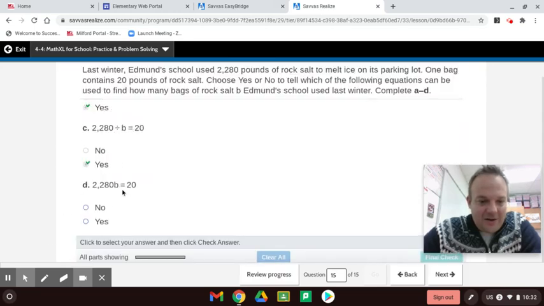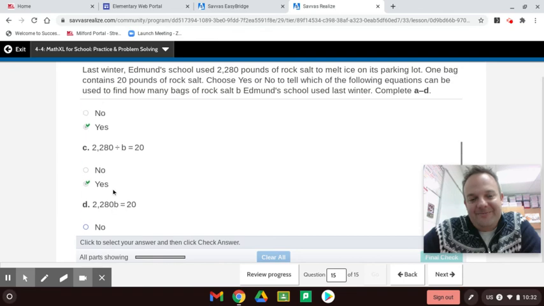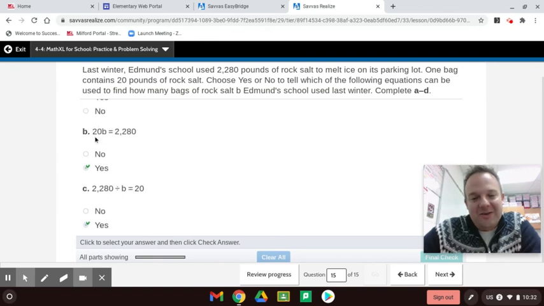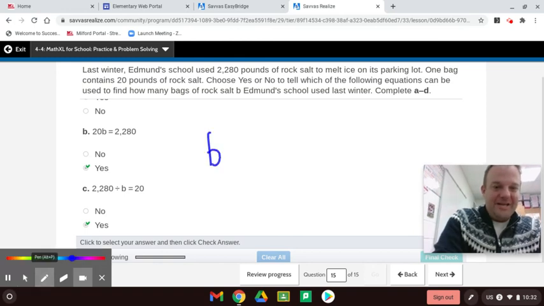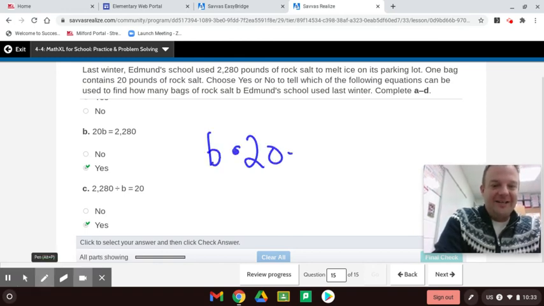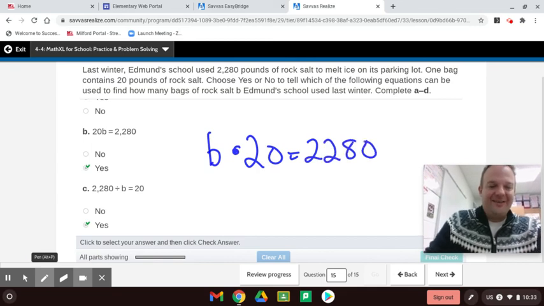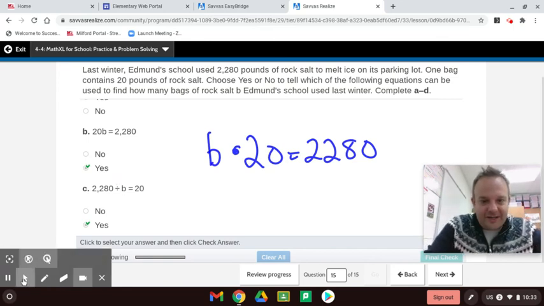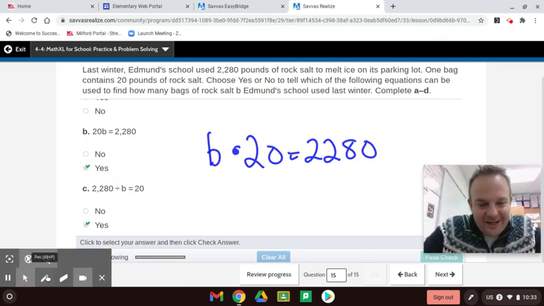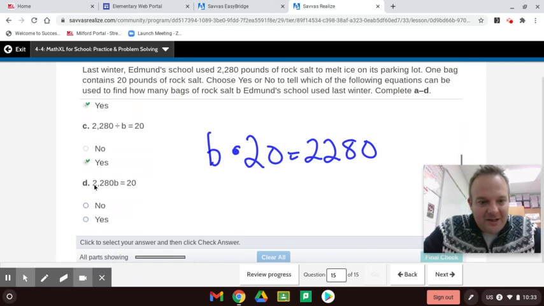And then the other multiplication one would be this, guys. Watch. B times 20 equals 2,280. But look at what they're trying. That's the commutative property. That's where you switch them. They're trying to trick you. That is not it.